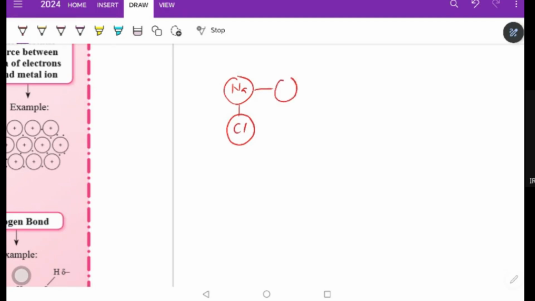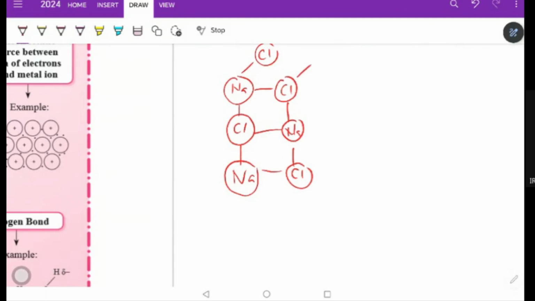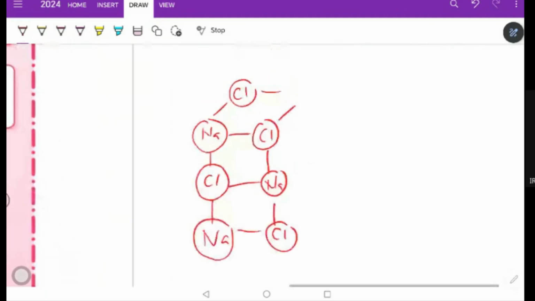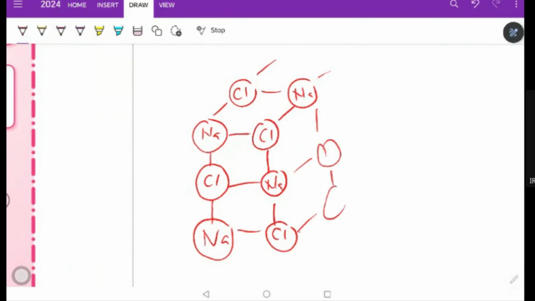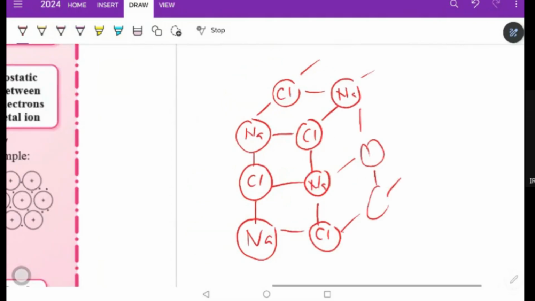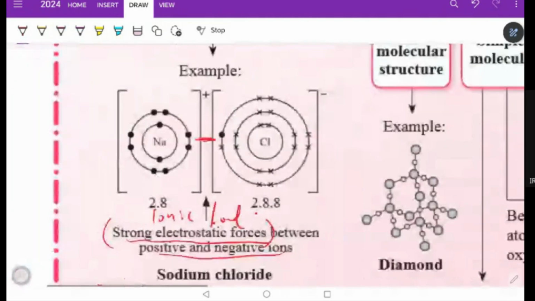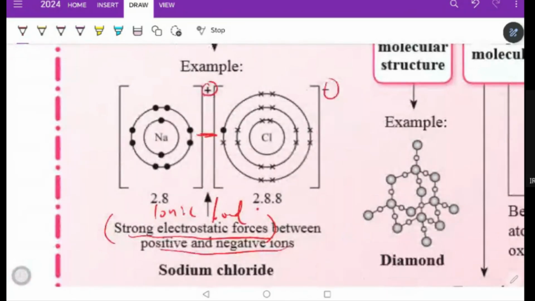Then this one's chloride, this one's sodium, this one chloride. Then it can also combine like this and form a very huge structure, and so on. But to make it simple, we just assume it is between the positive and negative ions. This is the ionic bond. Okay, class?